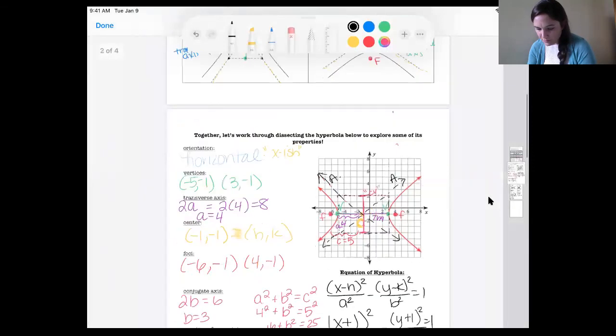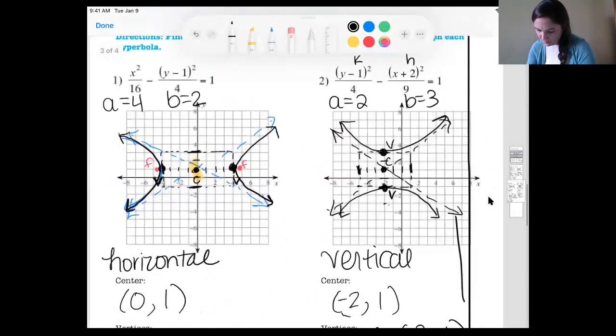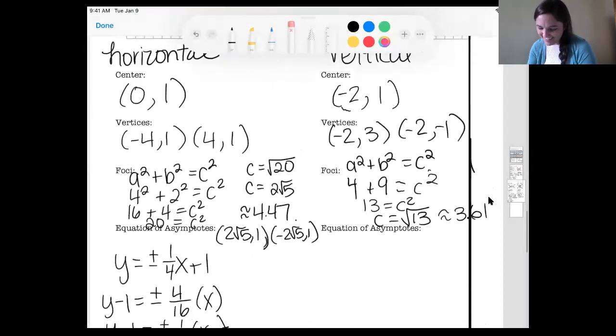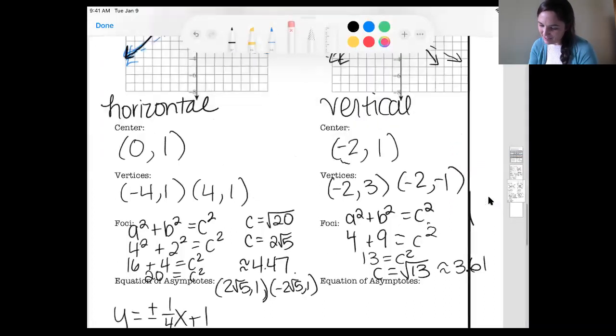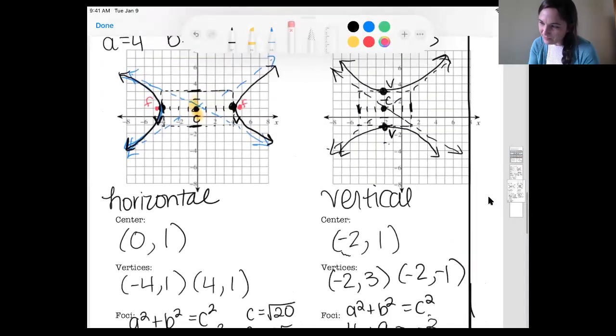So, whoopsie. So I can plot them up here. So from the center, remember we said it's about 3.5 units from the center. So 1, 2, 3 and a little bit, it's going to be here.